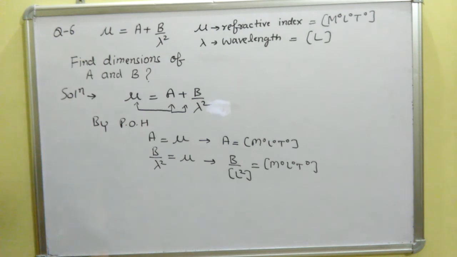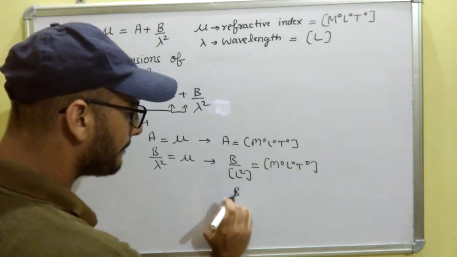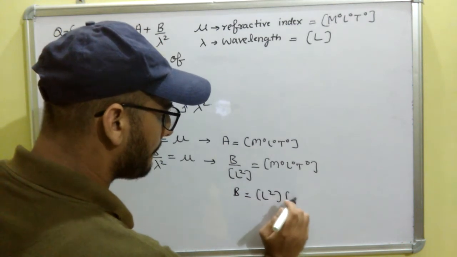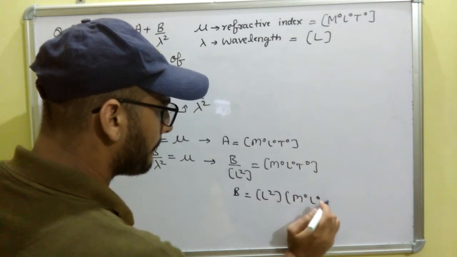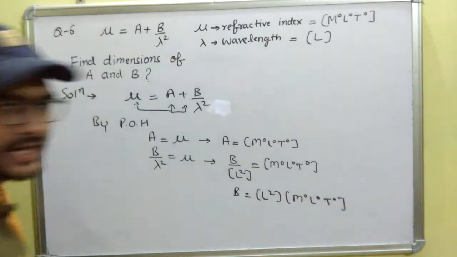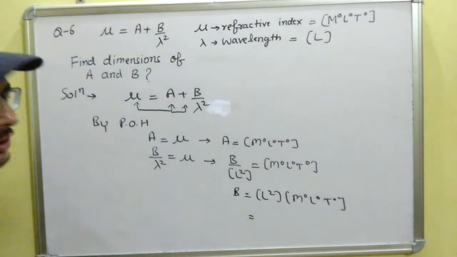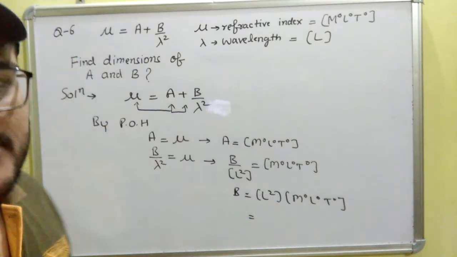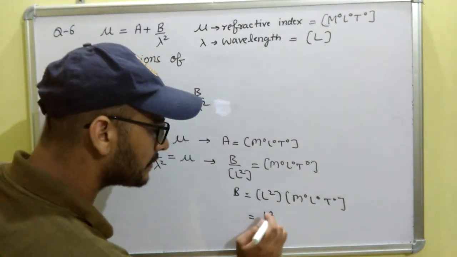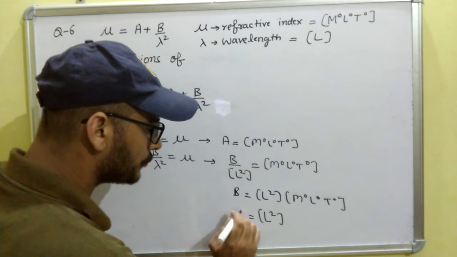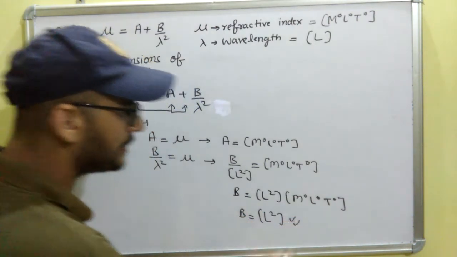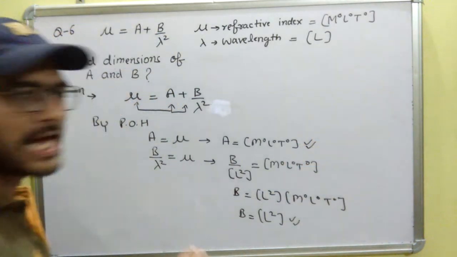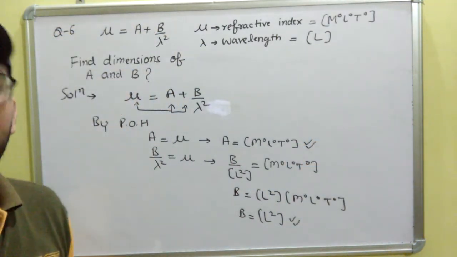Now for calculating B we'll cross multiply. This is dimensionless, so we can neglect it. Here we have L square, so it will come as it is. So the dimension formula of B will be equal to L square, and the dimension formula for A is equal to M0 L0 T0, that is dimensionless.